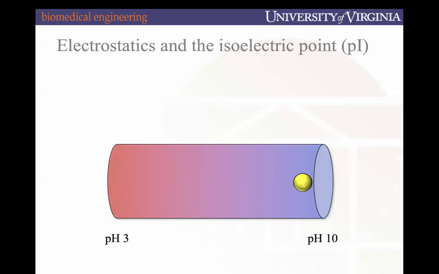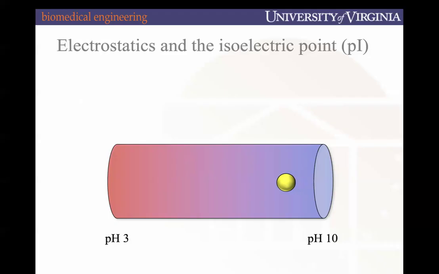And so what ends up happening is that there's an actual experiment where you can take proteins and run them through a gradient of pHs, and the pH at which it's electrostatically neutral, where all of the positively charged amino acids have been donating their hydrogen ions, and all of their negatively charged amino acids are taking up hydrogen ions, there's a balance point at which it's perfectly electrostatically neutral.